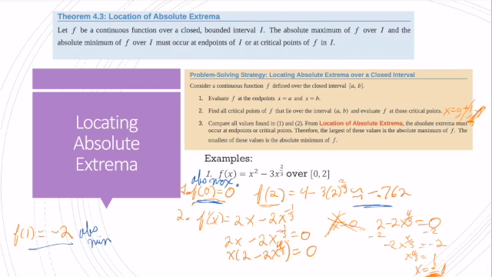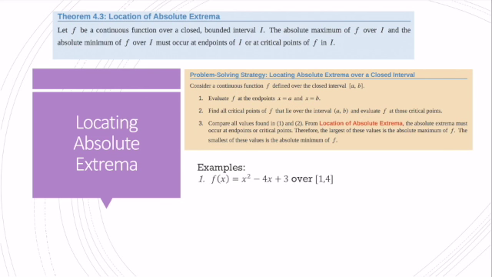Last example. Okay, so the first thing we do is find the endpoints, f of 1 and f of 4. So f of 1 equals negative 3. f of 4 would equal 16. Next, I need to take the derivative. I find f prime of x equals 2x minus 4. I set that equal to 0.